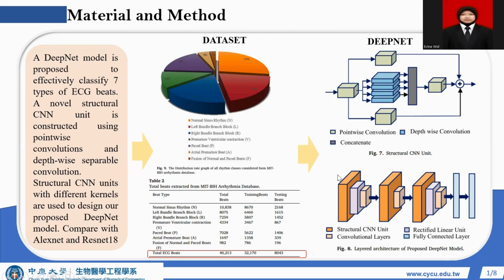After the structural CNN, they do the rectified linear unit and then the convolutional layer and so on, and at the end they go to a fully connected layer. So this is the structure of the DeepNet model.